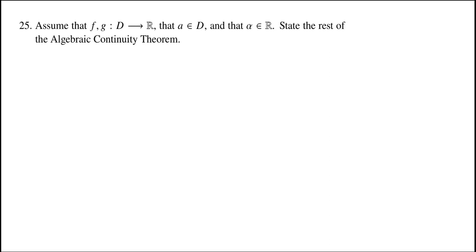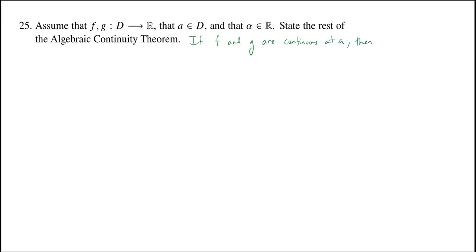So the most important part of this is, of course, the hypothesis. So let's finish off the algebraic continuity theorem by starting with the important part. If f and g are continuous at a, everything we do afterward depends on this condition.